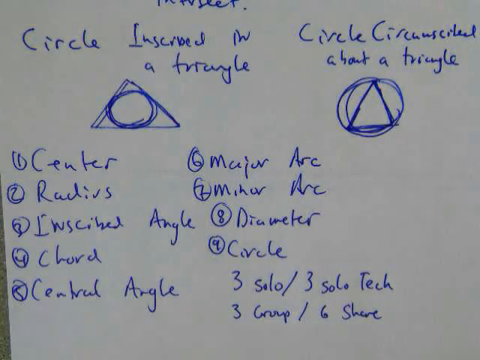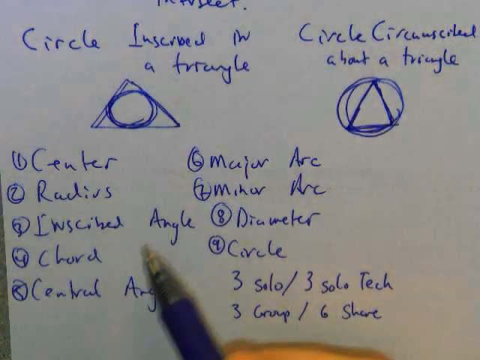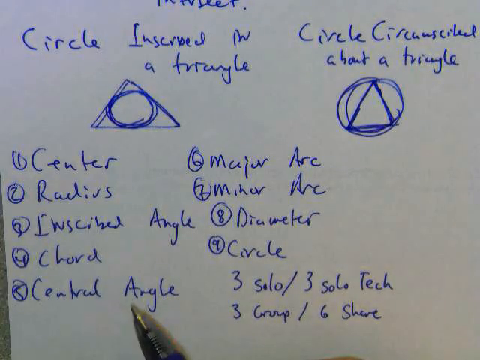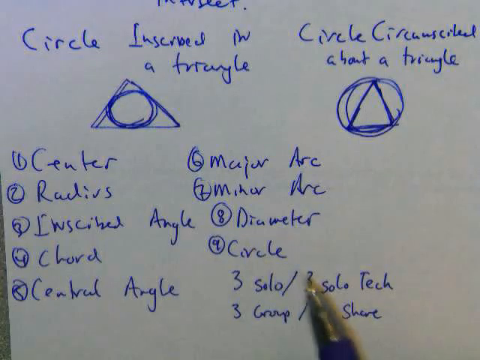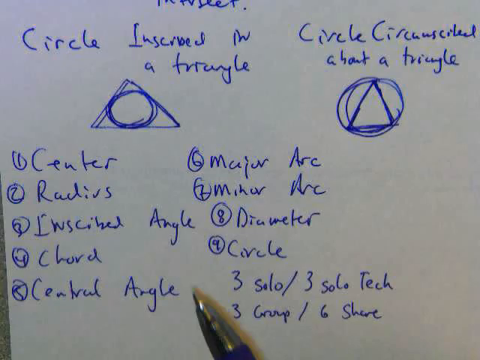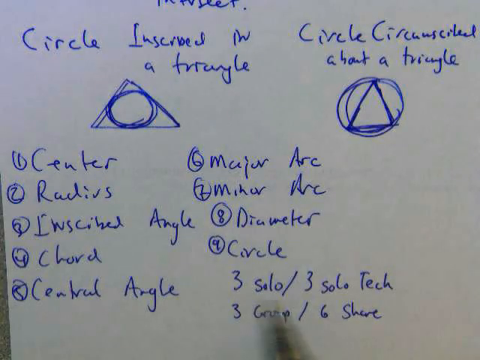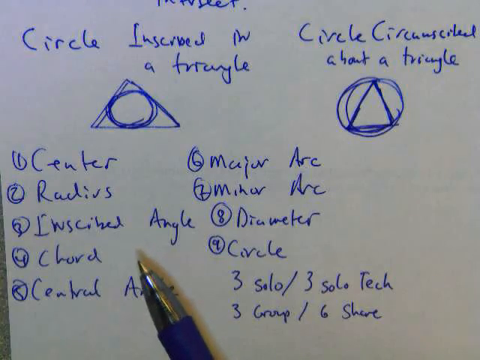All right, so here's the last bit. Here are 9 definitions: center, radius, inscribed angle, chord, central angle, major arc, minor arc, diameter, circle. So here's what we're going to do. We'll do a little activity with this. You go 3 minutes solo. Just define each one.